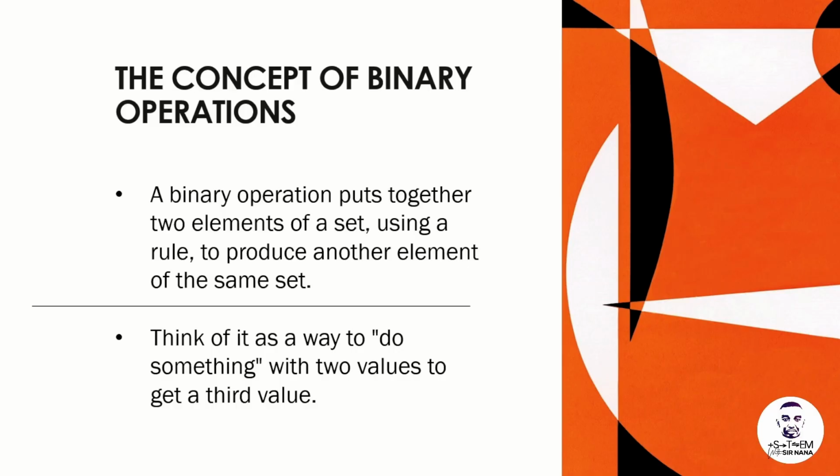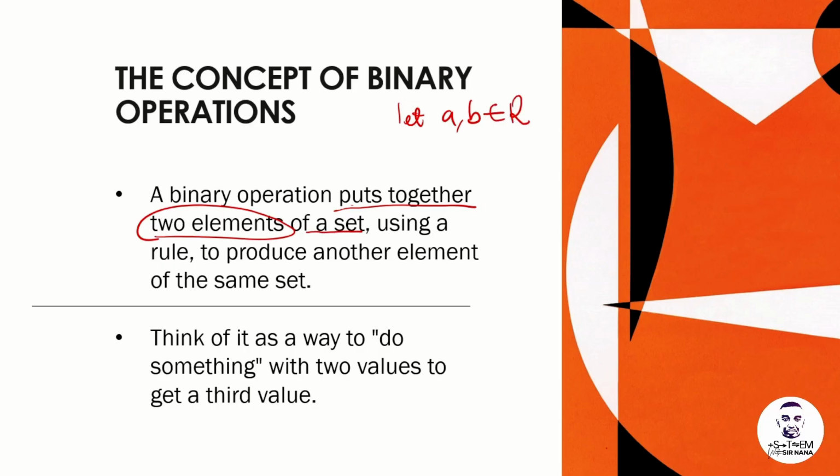Now, when we consider the concept of binary operation, we are looking at basically putting together two things, so two elements. So in this case, let's say let A and B be the elements. Now those elements belong to a set, so we say that it belongs to the set of real numbers.